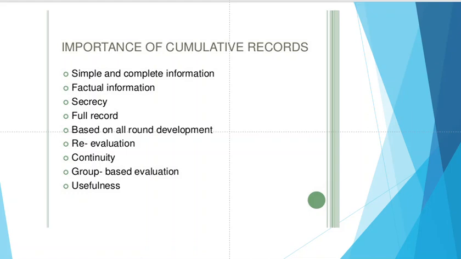Then factual information; the information gathered here is more reliable and authentic. Then secrecy: you have all the information of a particular student, so make the record confidential and do not show it to everyone. Then comes the full record based upon all-round development, re-evaluation, continuity, group-based evaluation, and the last one is usefulness.